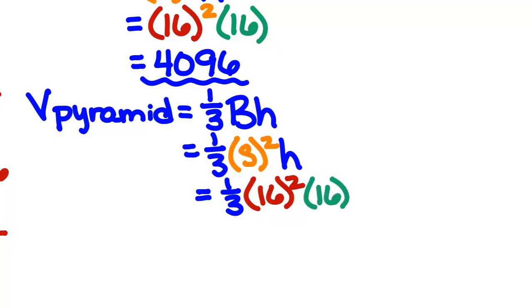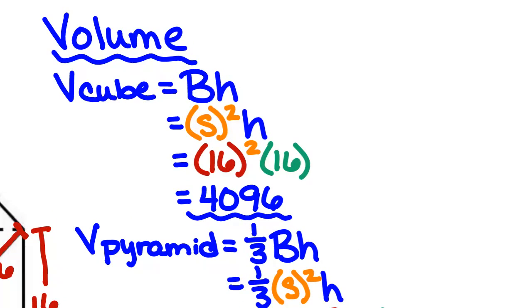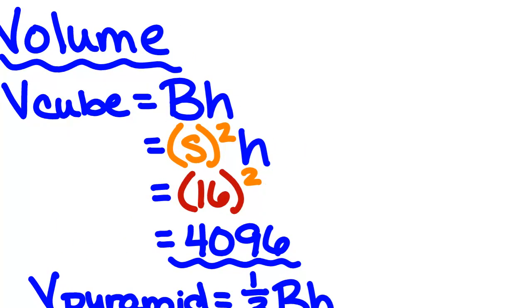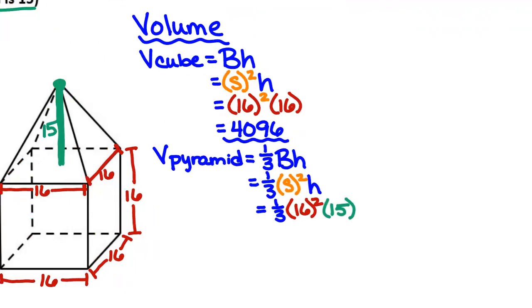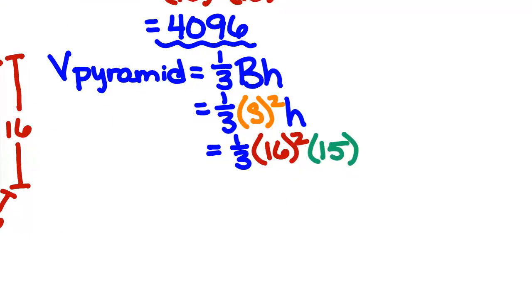Really? 15. It's very close. The height for the cube was 16, but the height for the pyramid is only 15. All right, so we need to do 1/3 times 16 squared times 15. 1,280.